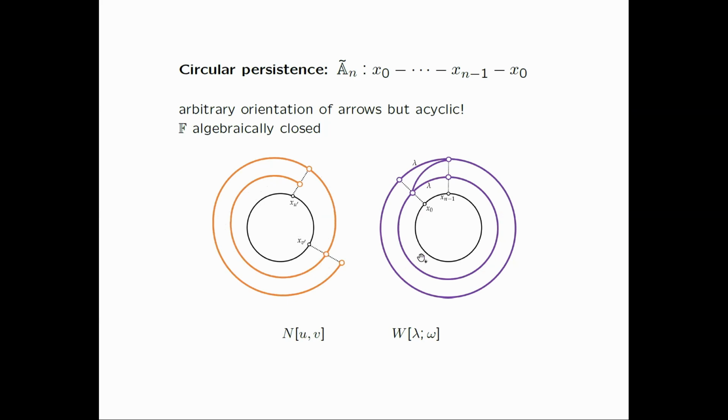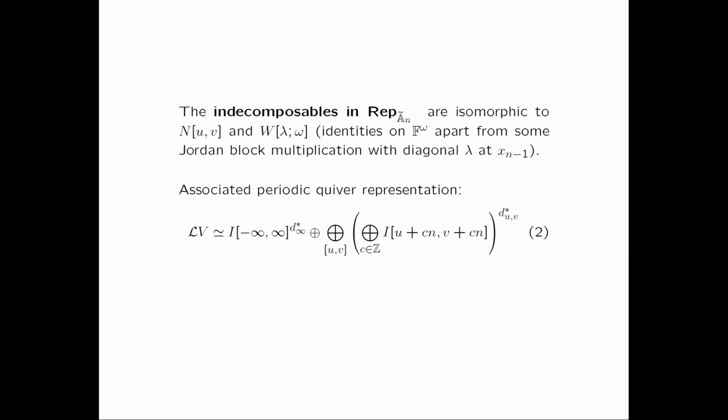Now here, there's a second indecomposable module, which is, well, I pick a W. Here I have the W is 2, namely dimension 2. And I have the identity all the way through until I have to close back to x0, where I have to use a non-trivial matrix, and indeed I can take a Jordan block of size W with lambda on the diagonal.